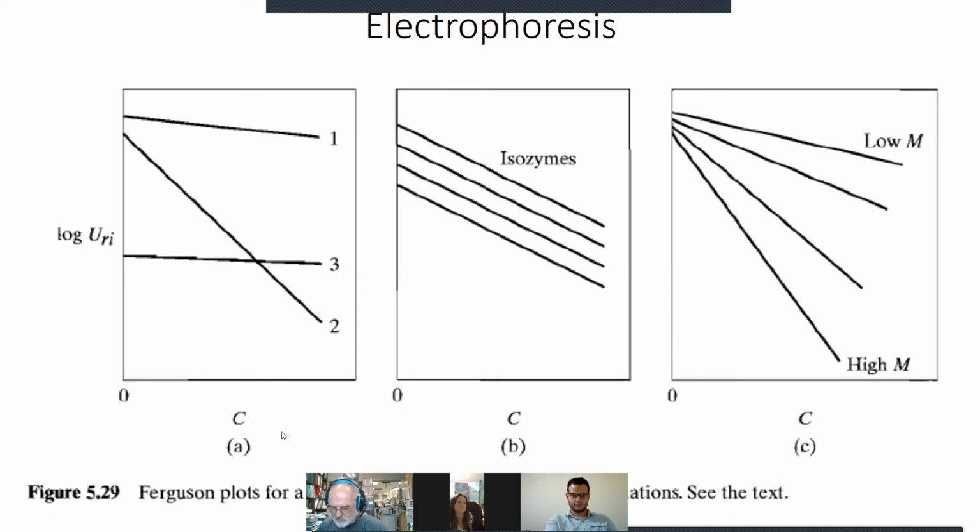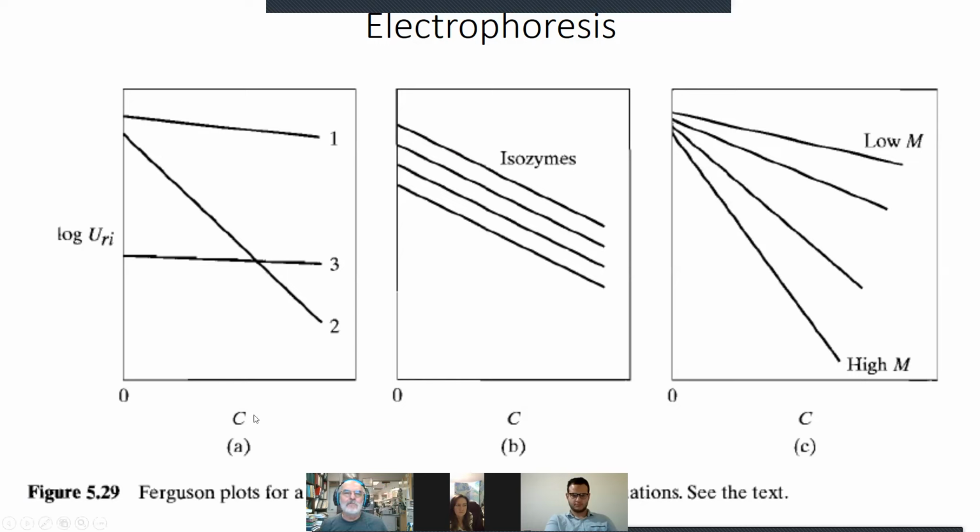It's actually the total concentration of the acrylamide and the bisacrylamide. And so as you change the concentration of the acrylamide, you change the matrix size. And so by changing the matrix size, what you're doing is you're causing a sieving action. All right?